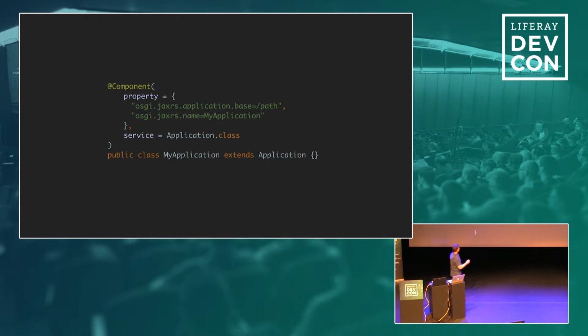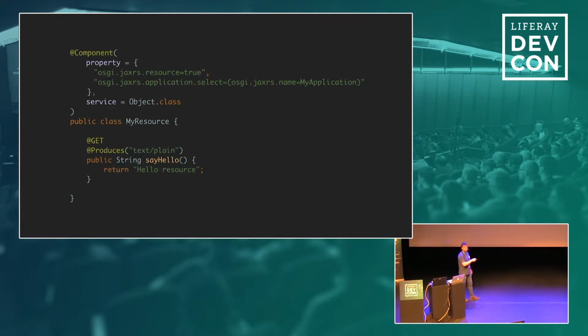You don't need to specify the services or the resources of your application like this, so you can easily split the declaration of your application. This will be like an empty marker interface to deploy an application, and then the deployment of resources. What we are looking at here is just a resource that will introduce an endpoint inside our application.